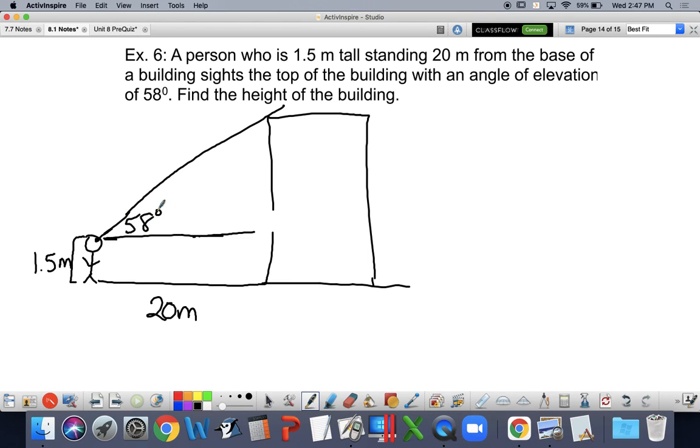So imagine he's got one of those sighters, like you use to figure out the distance on a golf course, and he's figuring out the angle. So that tells me when we're all said and done, we're going to have to add this 1.5 meters, right? That's the little trickeration ACT type question where we have to add in an additional piece of information at the end. We want to figure out the height of the building.